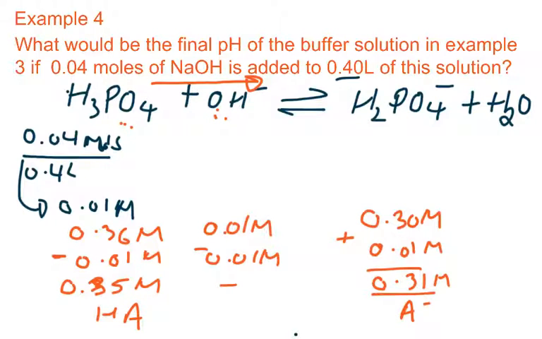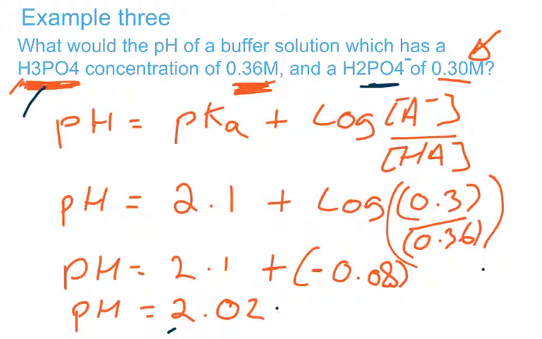Now what we're going to do, we're going to use these in the Henderson-Hasselbalch equation to figure out what the final pH is going to be. So let's see what happens. We're going to have pH equal to the pKa. Now let's check what the pKa value is. It's 2.1.